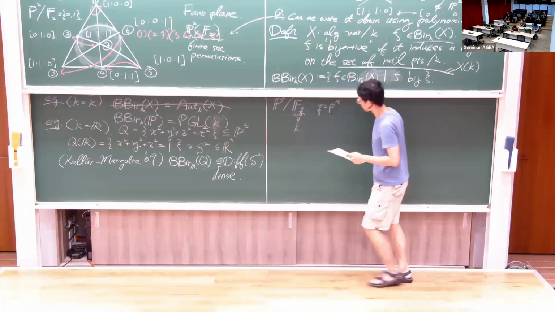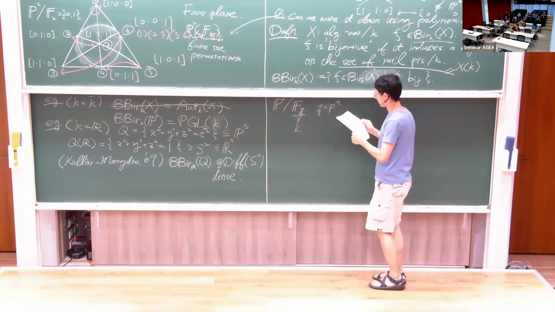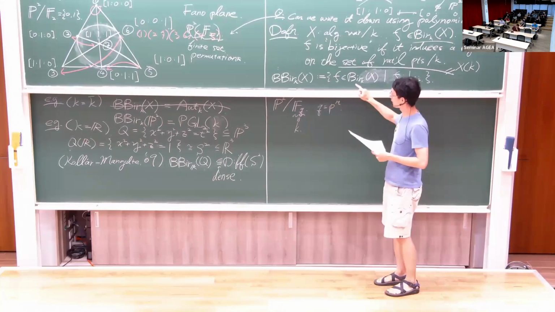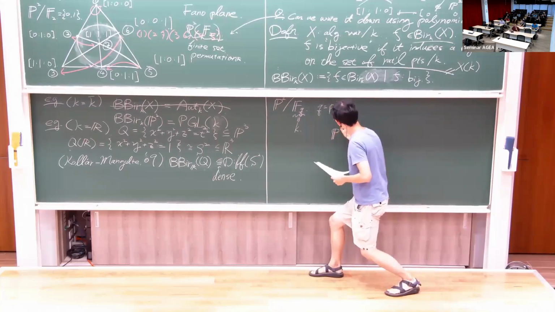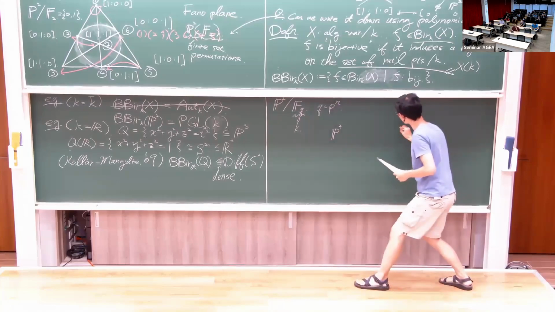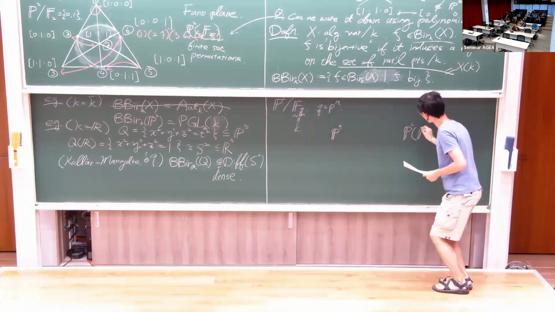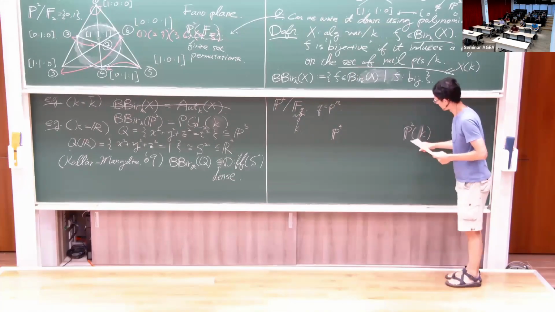Okay, in the following, I will focus on P2 over some finite field. If you consider all the rational points on P2, this is a finite set.